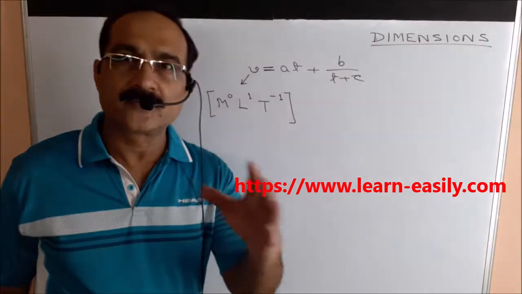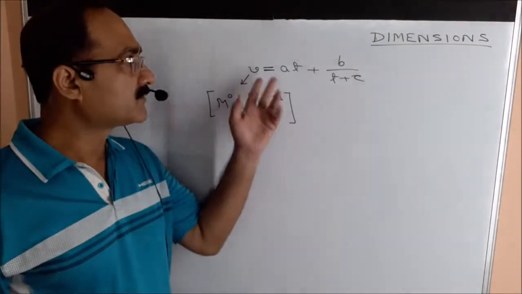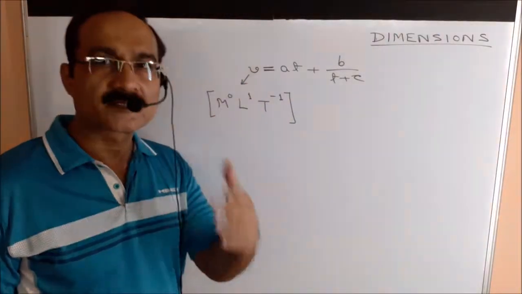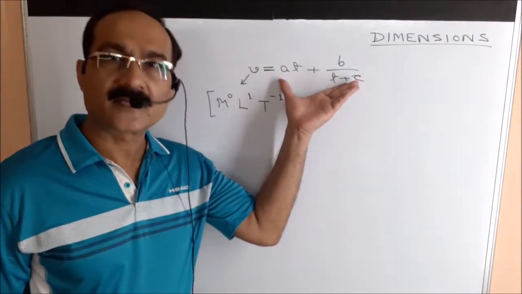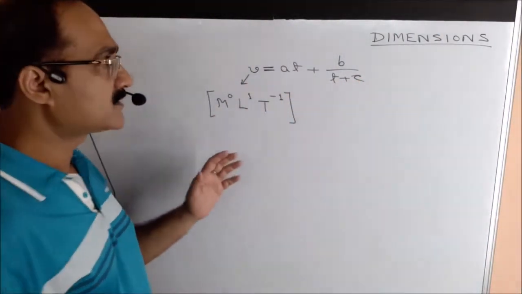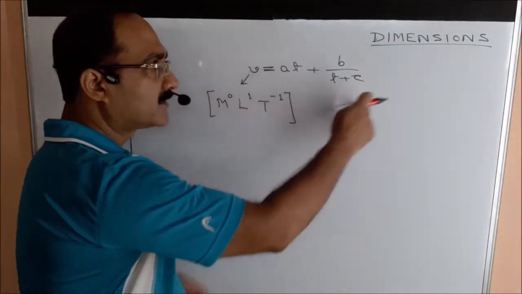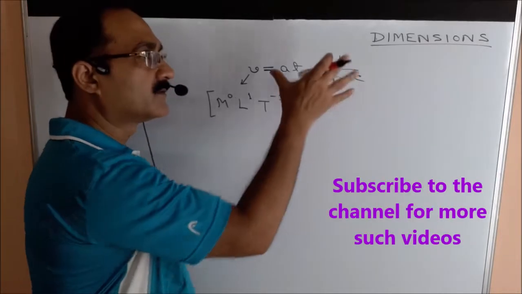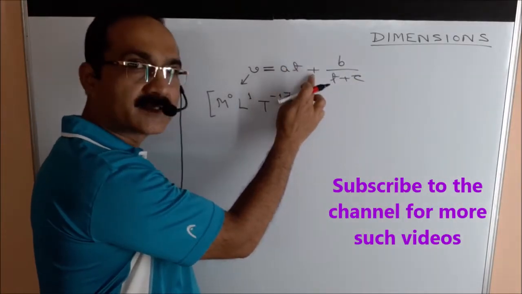Now we apply the rule of dimensions. That is, if we have an equation, then the dimension of left hand side must be equal to the dimension of the right hand side. So that means the dimension of this whole right hand side must be this. Now if you look here, there is a plus sign here.